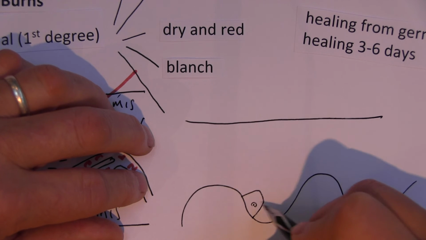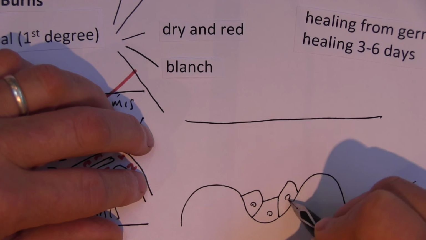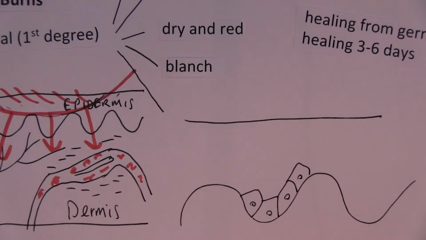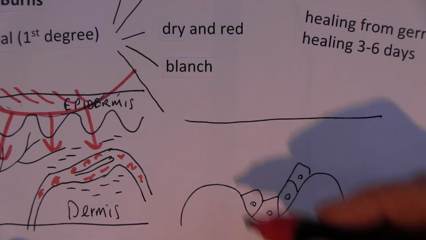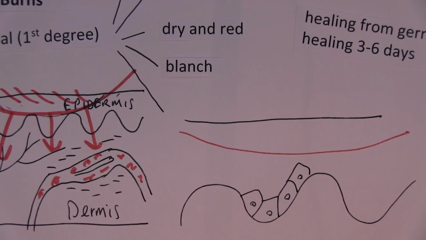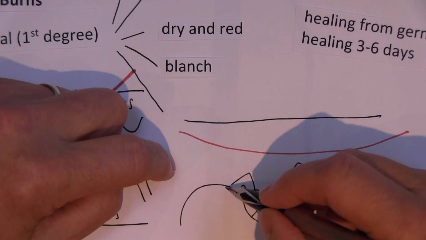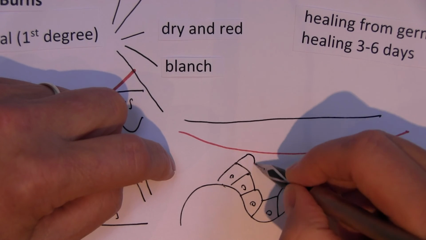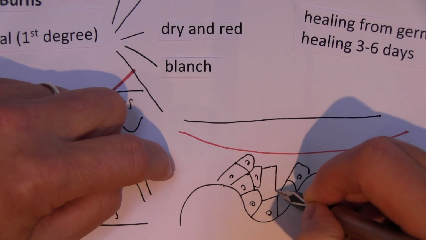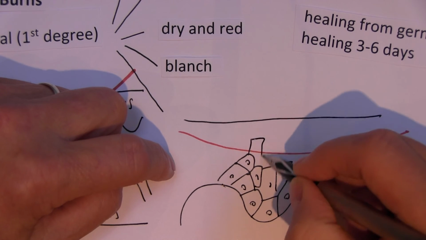Then we have the germinative cells, the germ cells here, that are preserved, because remember the burn is above here. So what we'll get is actually increased rates of mitosis in these germinative cells. These will move up and heal the burnt area.